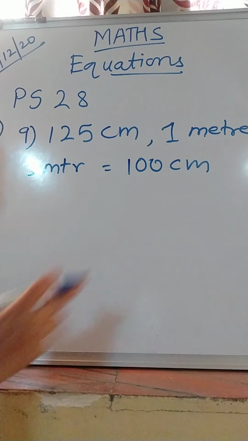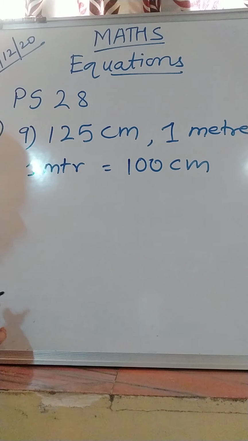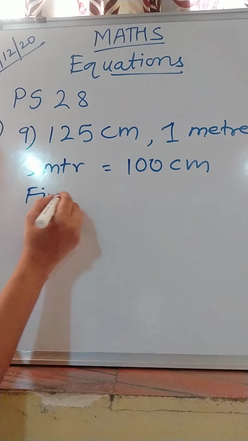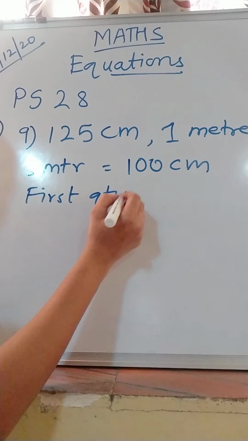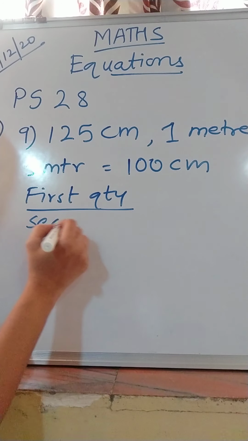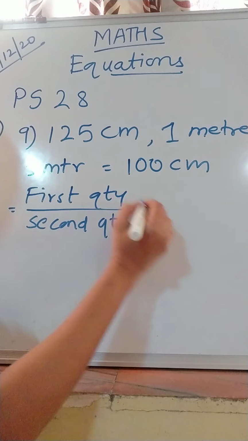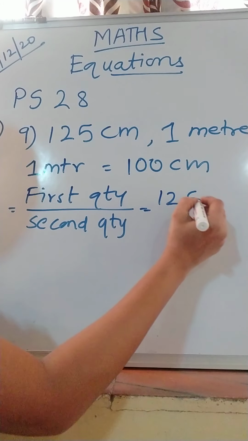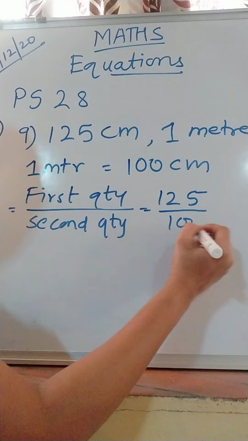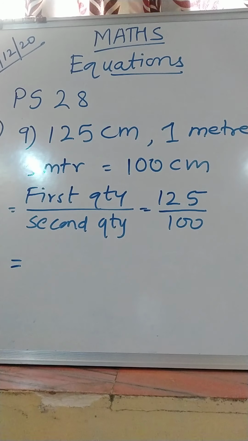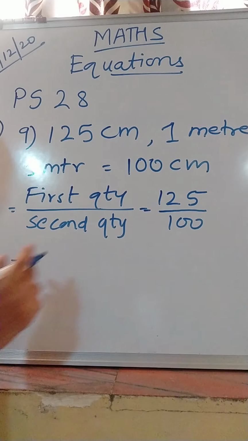So your second quantity becomes 100 and first quantity becomes 125. First quantity is 125, second quantity is 100. Now both numbers can be divided by 25, and for this reason you have to learn your tables properly.